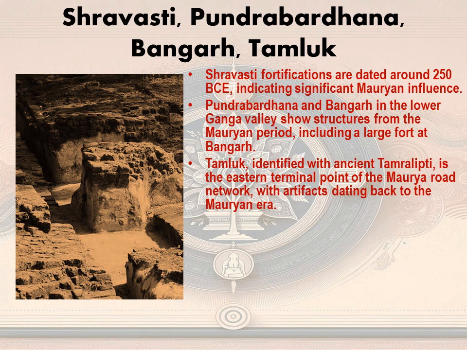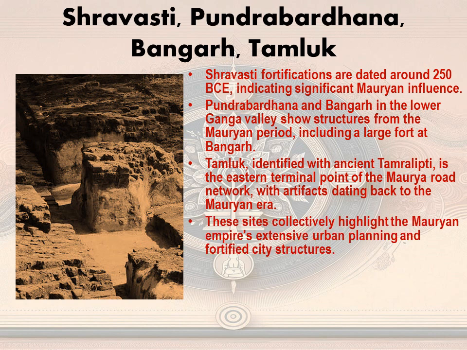Tomluk is identified with Tamralipti, the eastern terminal point of the Maurya road network, with artifacts dating back to the Mauryan era. So this is the site identified with ancient Tamralipti, and it is a very important point of communication.